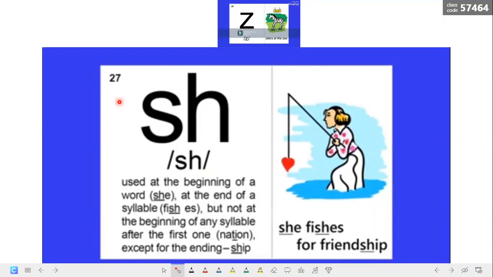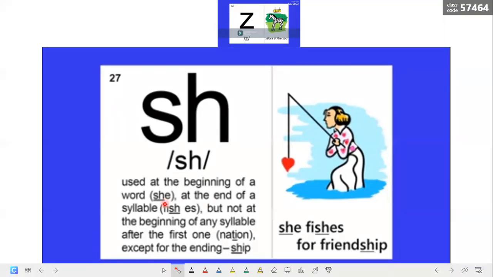It could be at the beginning, and also it could be at the end of a syllable. But be careful. We cannot start a syllable with this sound, the SH as "sh."